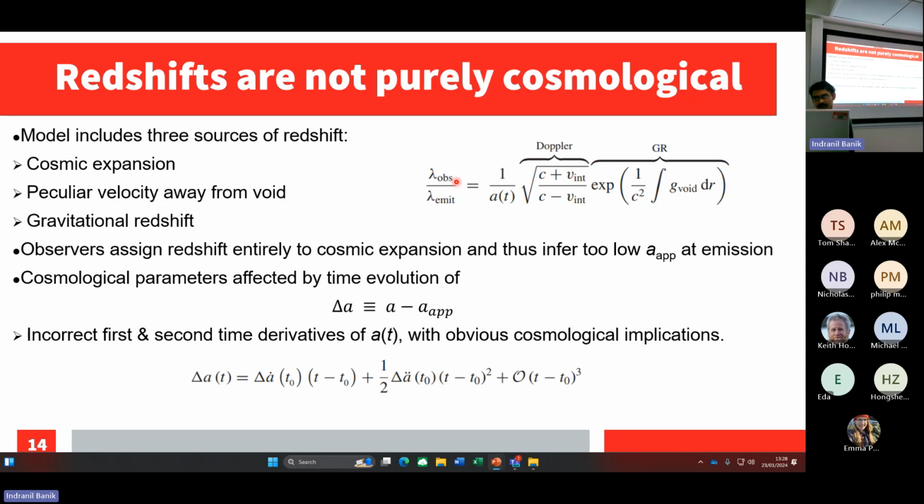So the ratio between the wavelength at which you observe a spectral line and the wavelength at which it must be emitted is given by the inverse of the scale factor at the time of emission multiplied by an extra term related to the velocity of the source, the relative velocity between the source and the observer, and also another term related to the gravitational redshift. So if the potential here is different to the potential at the location of the emission.